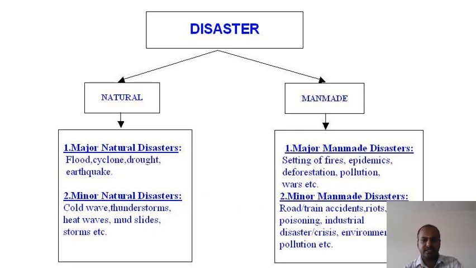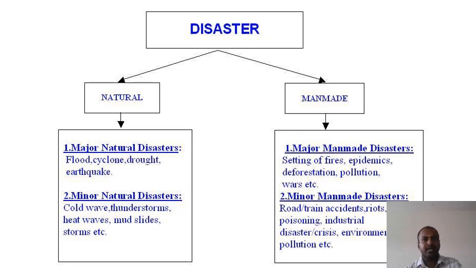The man-made disasters are categorized the same way, into major man-made disasters and minor man-made disasters. The major man-made disasters are setting of fires, epidemics, deforestation, pollution, wars, etc. Recently we know the Russia-Ukraine war, which is a major man-made disaster.